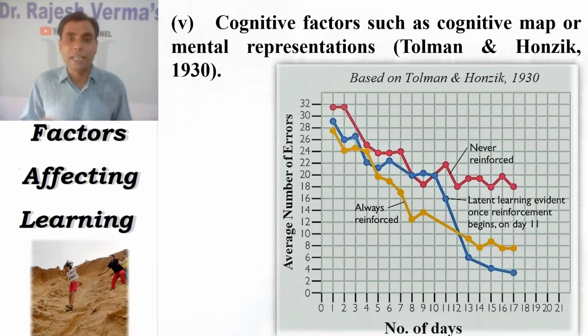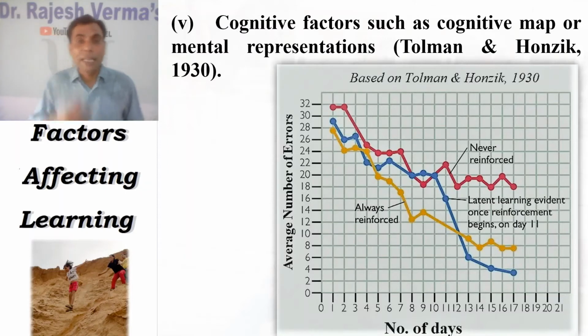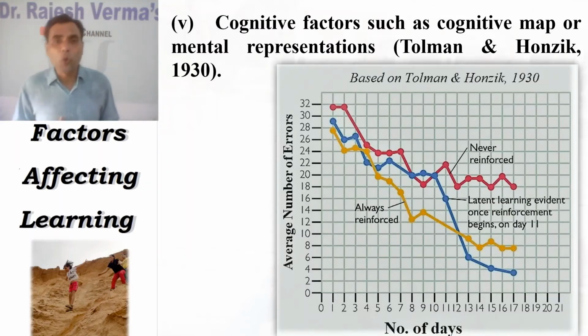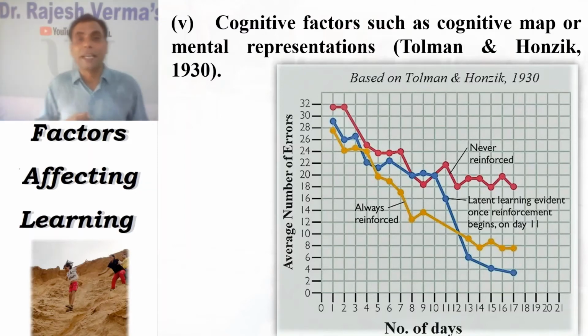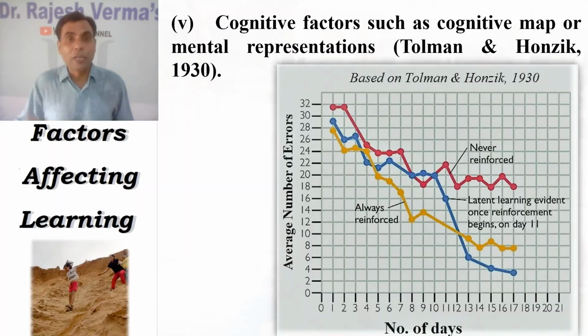Dramatically, you see that in the blue line, after the 10th day when the rats were presented with the reinforcement, the number of errors drastically reduced, even lesser than the rats who were continuously fed. So this is a very important one. The interpretation of that result was that Tolman and Honzik suggested that these rats created a cognitive map in their brain, and due to that learning occurs.